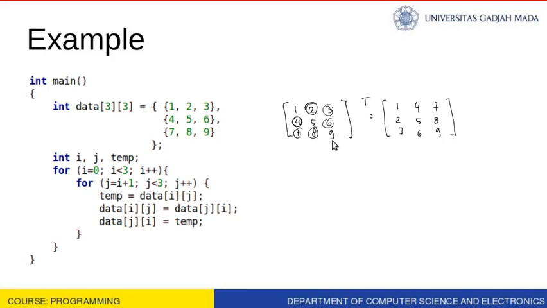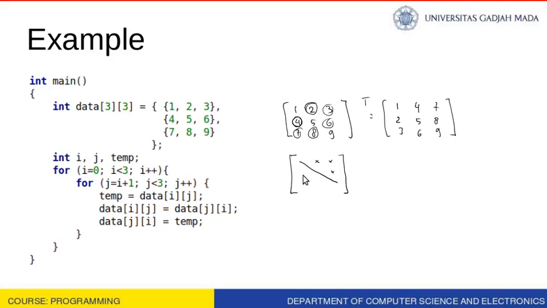So I will do it only in the upper triangle or in the lower triangle, so the diagonal will still be the same, and then the upper triangle I will swap with the lower triangle.